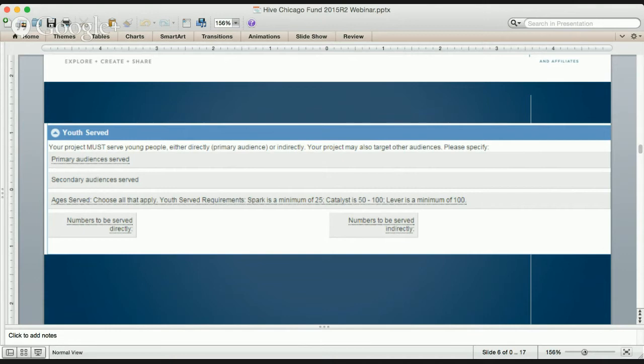Something that's important to note is that these directly and indirectly served numbers here, and then the outcomes that you expect to achieve, will be things that we're going to expect you to report on at the end of your project.